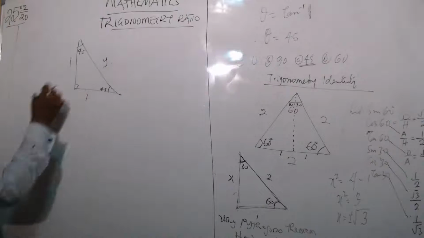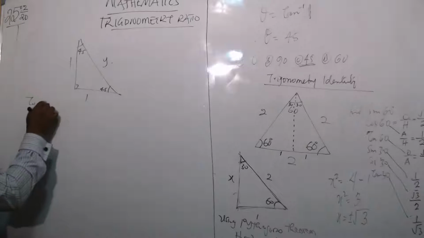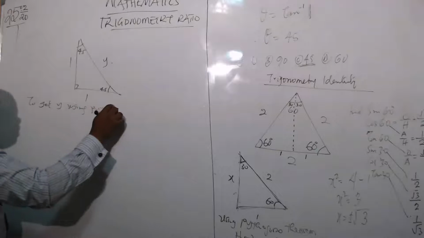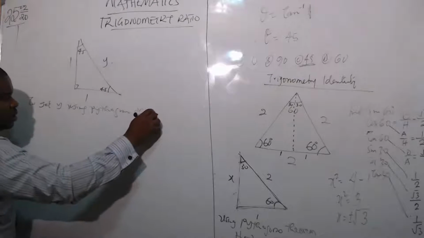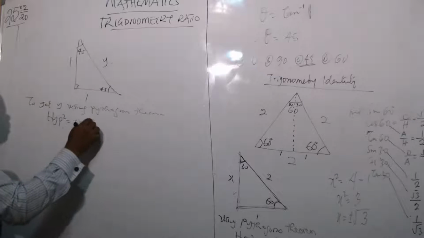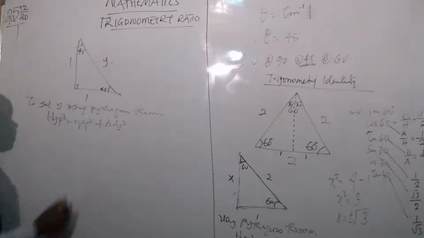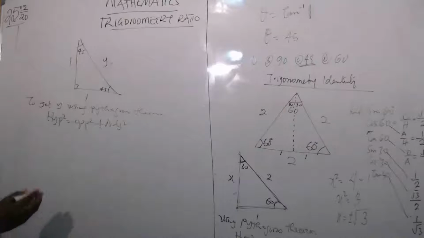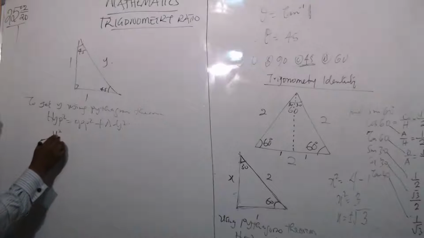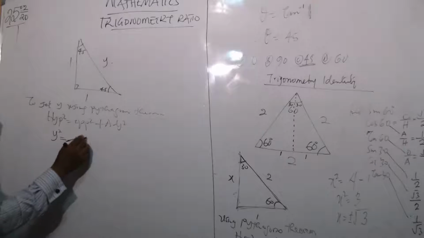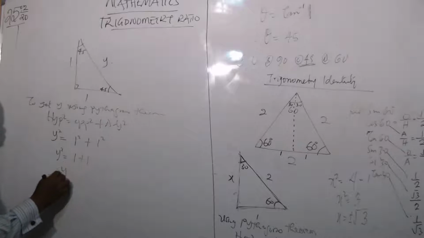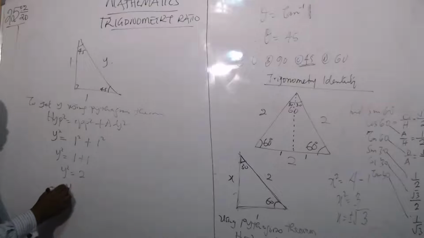Now, to get Y, using Pythagoras theorem, we have hypotenuse squared equals opposite squared plus adjacent squared. Now, our hypotenuse is usually the longest side, so we're going to have 1 squared plus 1 squared. So Y squared equals 1 plus 1. Y squared is 2. So Y equals root 2.